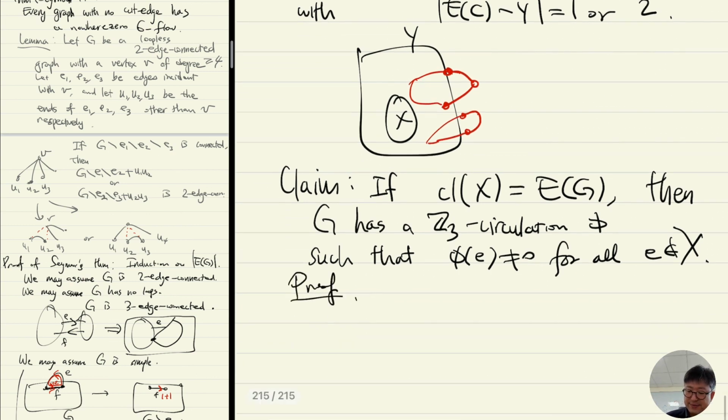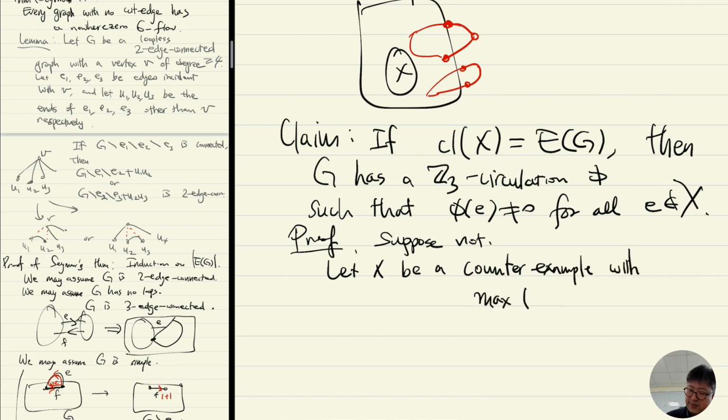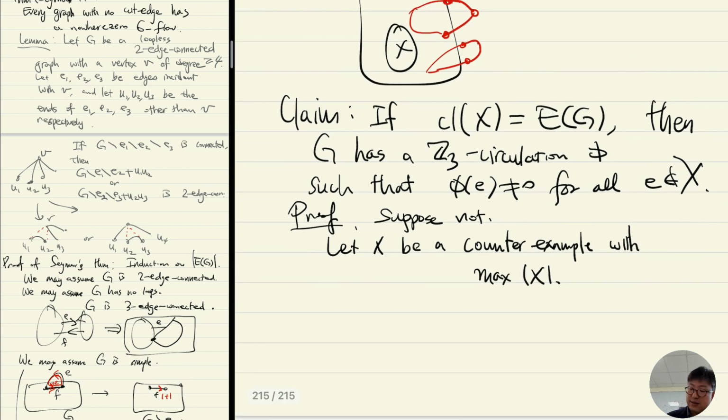How do we prove that? We prove by induction. So suppose not. By induction, I mean I will think of the counterexample with the maximum X. So let X be a counterexample with the maximum size of X. Then clearly X is not equal to the set of whole edges, right? Because if it does, then the closure of X is trivially E(G).